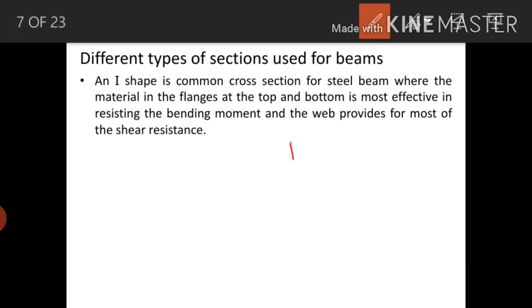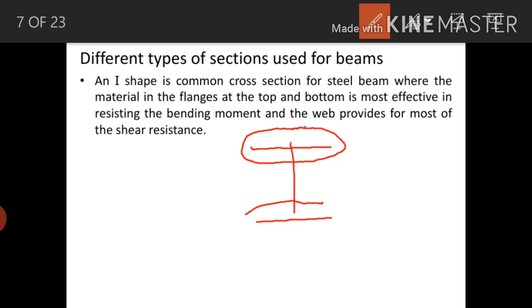Suppose this is the I section you are using. As I said, an I shape is a common cross section for a steel beam where the material in the flange at the top and the bottom is most effective in resisting the bending moment. So the flanges are provided to resist the moment.